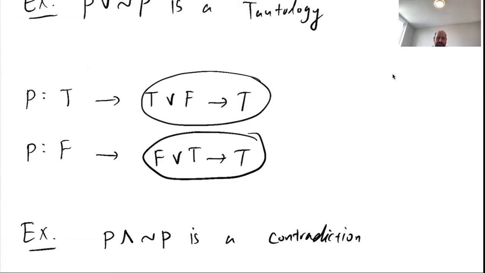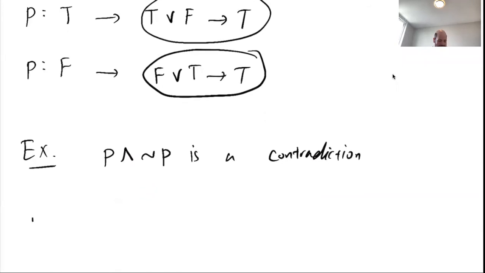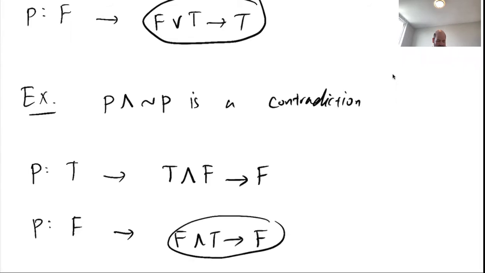So again, if P is true, then we would have true conjunction false, which will be false. And if P is false, then we would have false conjunction true, which will be also false.